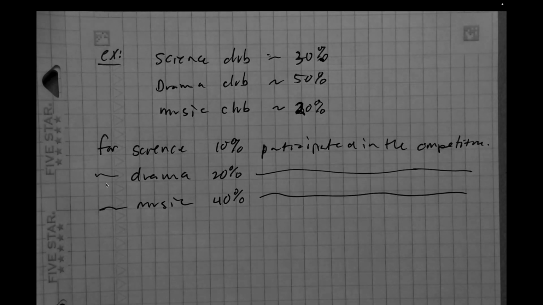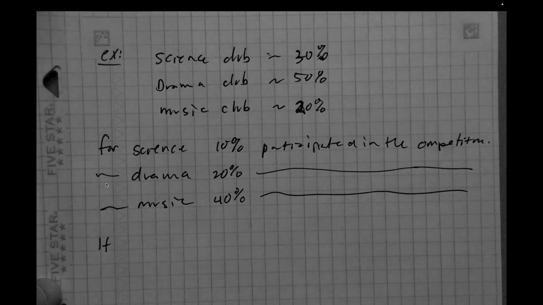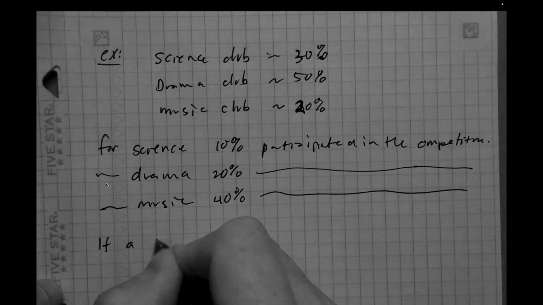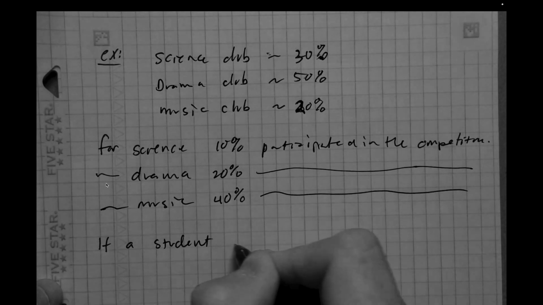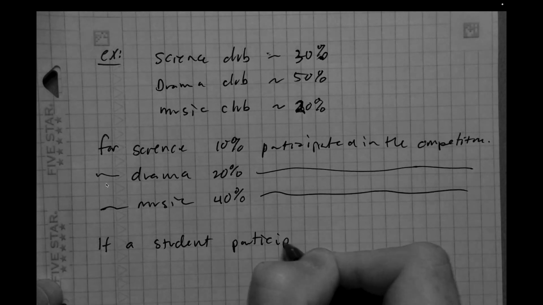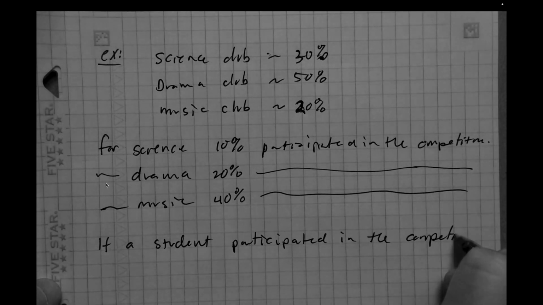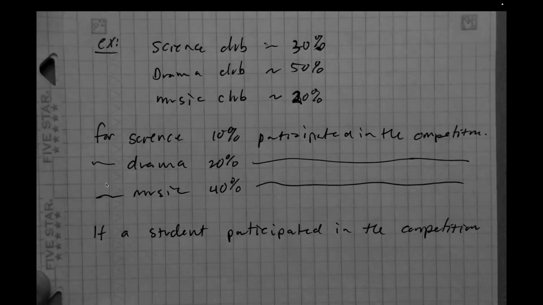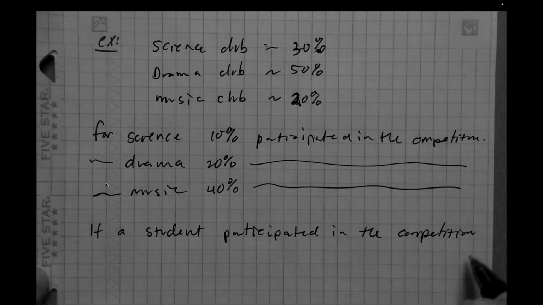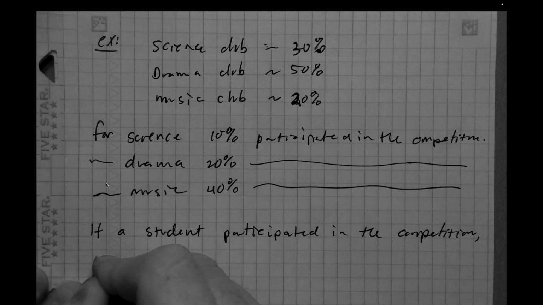So here's the question then. If a student participated in the competition, what is the probability that they are in the music club?